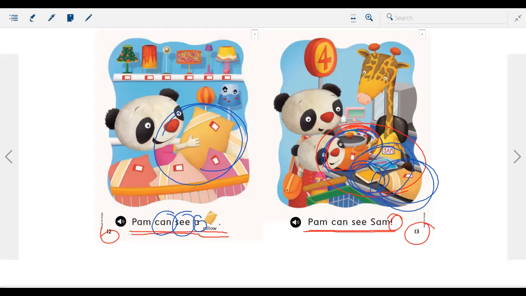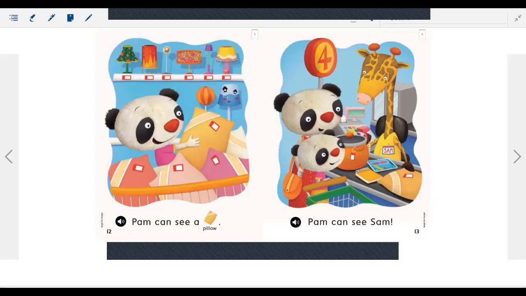So when you're rereading this story, you can ask yourselves questions. You can find answers in the text or words. Text means words, right? And you can also look for details in the illustrations or the pictures. So make sure you're rereading this story. I want you to reread it until you have no problems at all reading it.